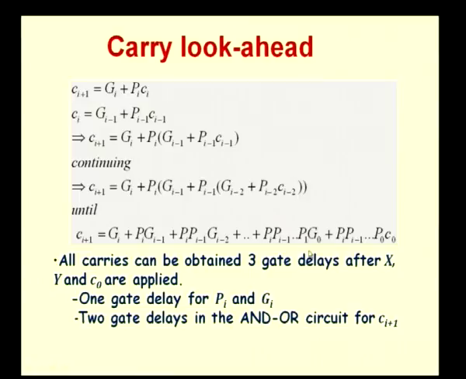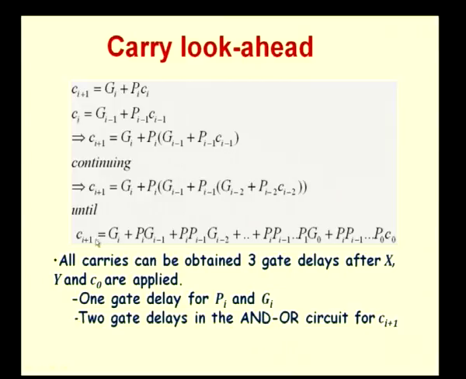So, what will be my last but one term? My last but one term will have, starting from Pi here, Pi into Pi minus 1 into Pi minus 2 into all the way up to P1 into G naught, right, this G naught, plus this last term here, that will be Pi into Pi minus 1 into Pi minus 2 into etcetera, into all the way up to P naught into C naught. Now, remember we are not going to go further than C naught because C naught is our basic input that is coming in.